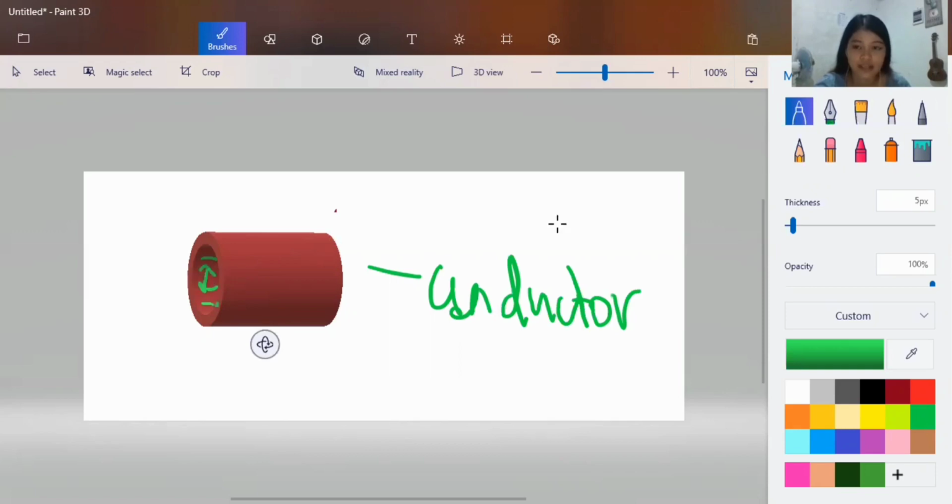As they say, like charges repel and opposite charges attract. That means charges with the same sign repel each other, and charges with different signs, the positive and the negative, attract.